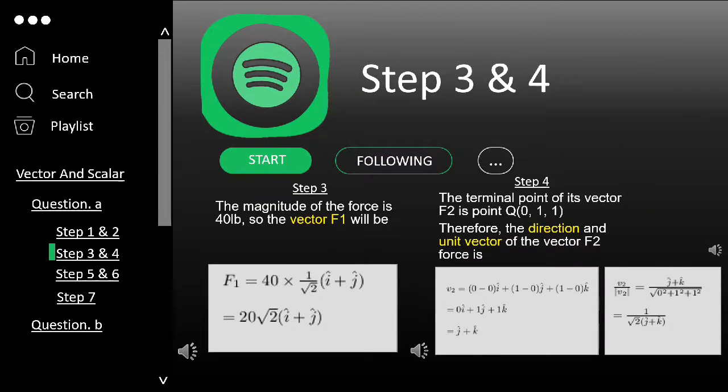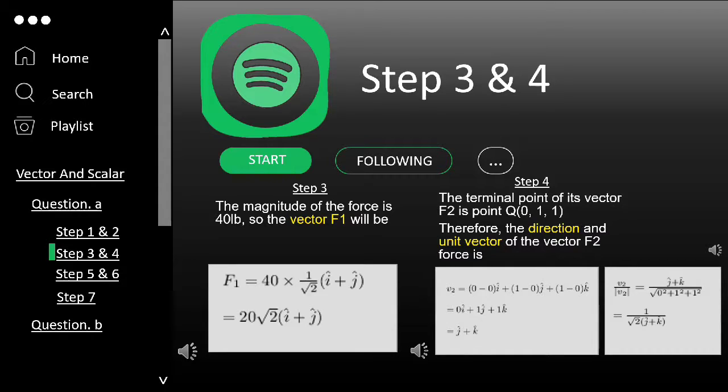Step 3. The magnitude of the force is 40 lb. So the vector F1 will be F1 equals 40 times 1 divided by square root 2 (I plus J). The answer is equal to 20 square root 2 (I plus J).